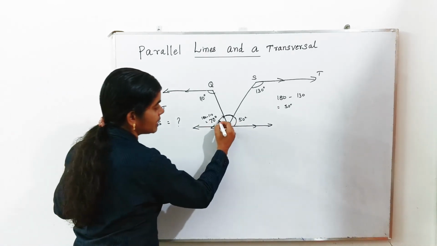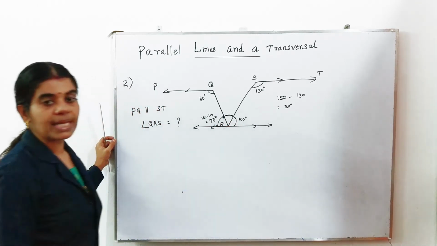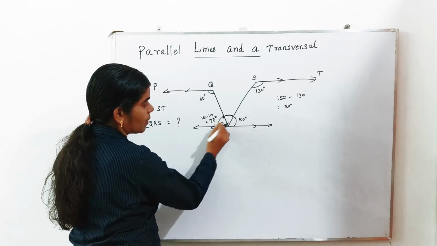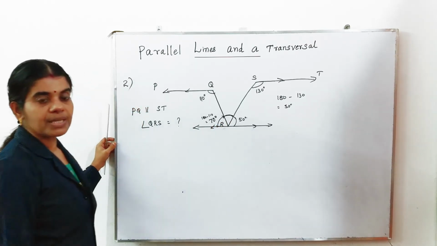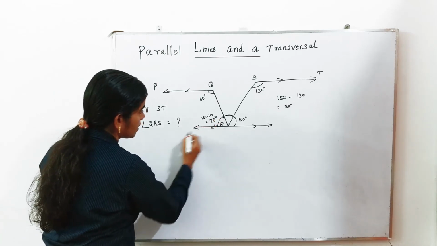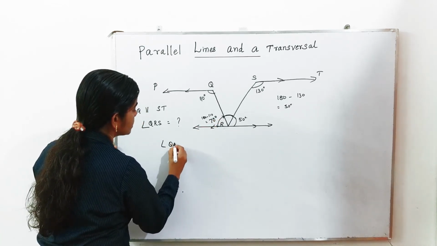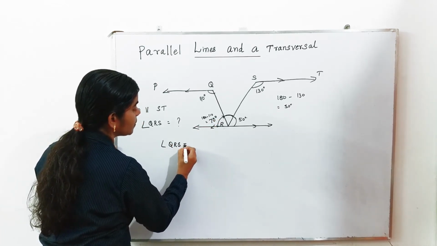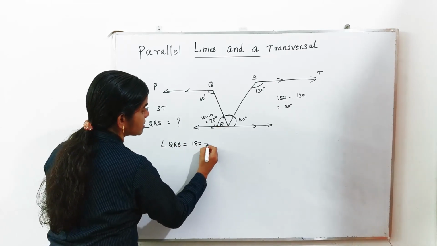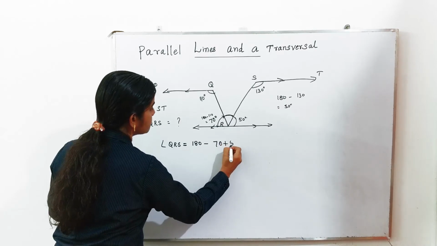Then look, all these three angles form a linear pair. Linear pair, you already know that. Linear pair means all three angles sum to 180 degrees. Then angle QRS is equal to 180 minus (70 plus 50).